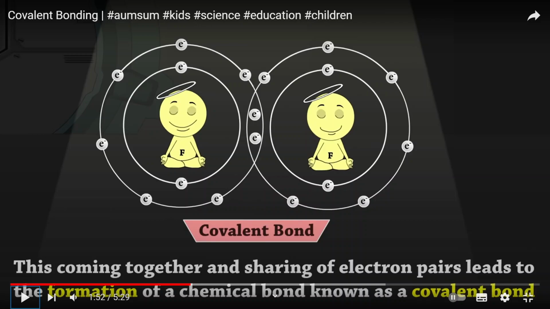You see how they're sharing 2 electrons here? They always share pairs of electrons. And if we count the electrons on the outer shell, 1, 2, 3, 4, 5, 6, 7, 8. Is that a stable arrangement? Yes, it is.